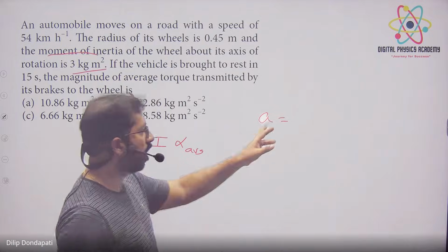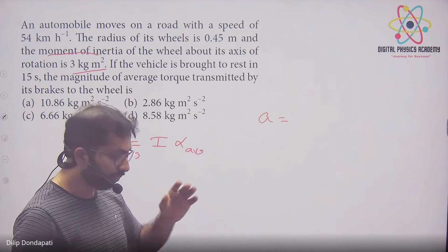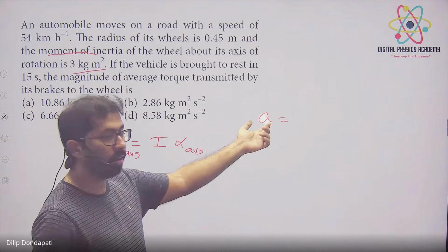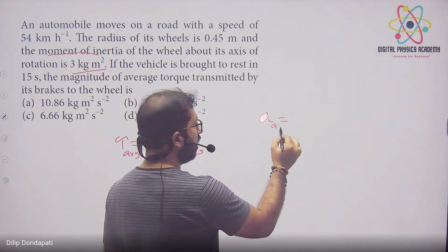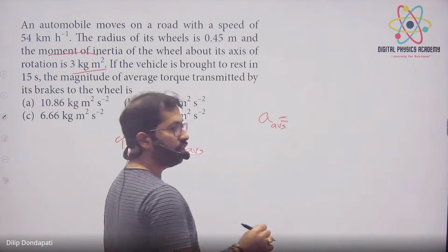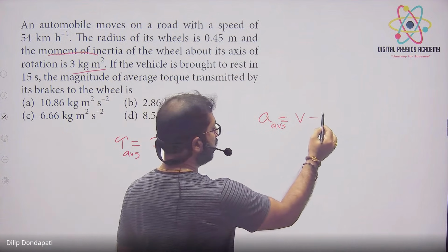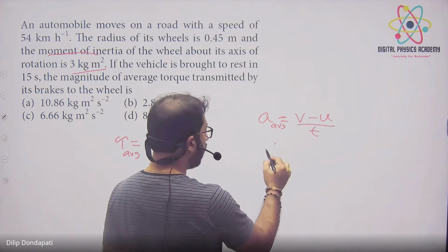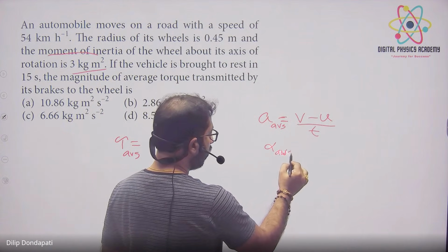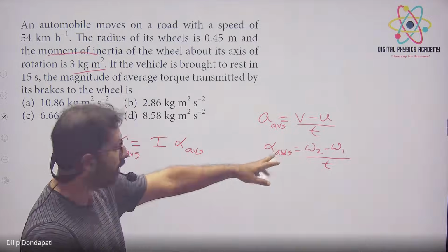नहीं, what is the normal acceleration का formula? Average acceleration का formula क्या होगा? Normal linear में, change in velocity by time, right? V minus U by T is the average acceleration. So alpha average will be omega 2 minus omega 1 by T. Sir, I have a doubt. First you have to convert the 54 kilometers per hour into meter per second, right?